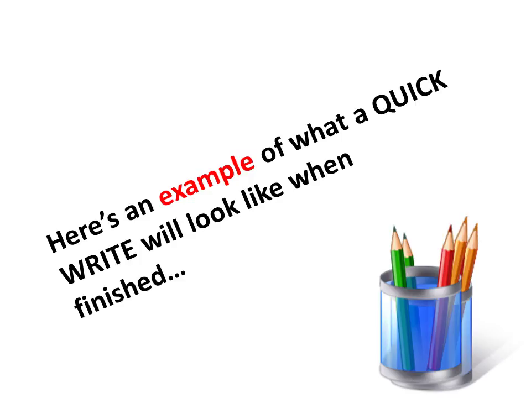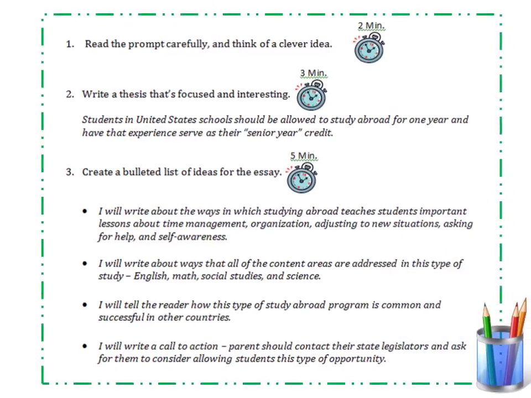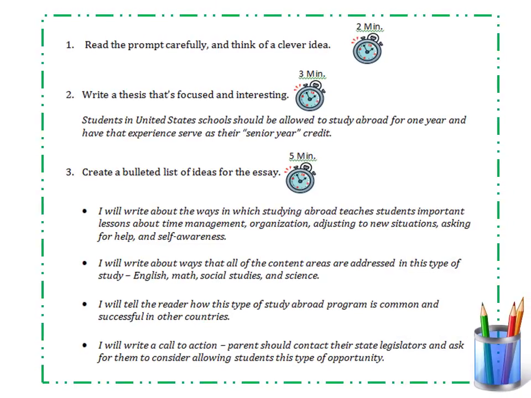So let me show you an example of what a Quickwrite will look like when it's finished. In this example, 2 minutes were used to read the prompt carefully and then to think of a clever idea. Then in the next step, 3 minutes were spent on writing a thesis that was focused and interesting.